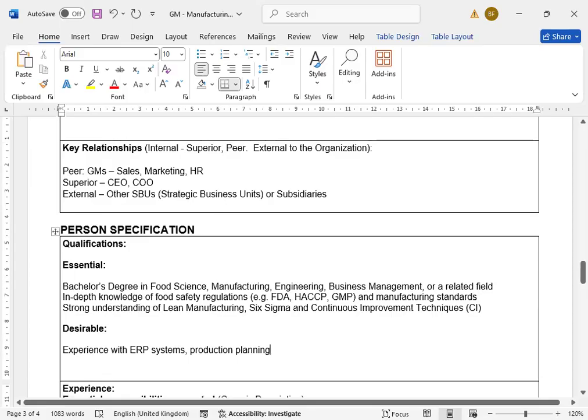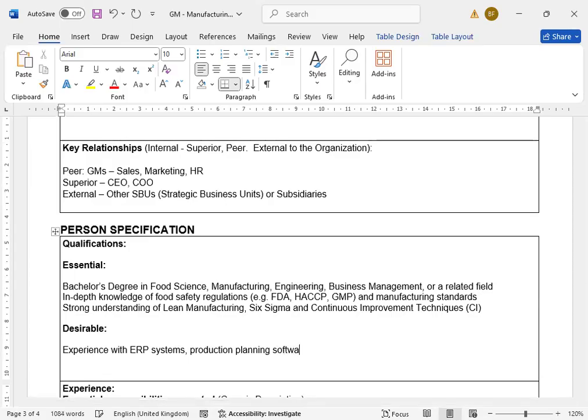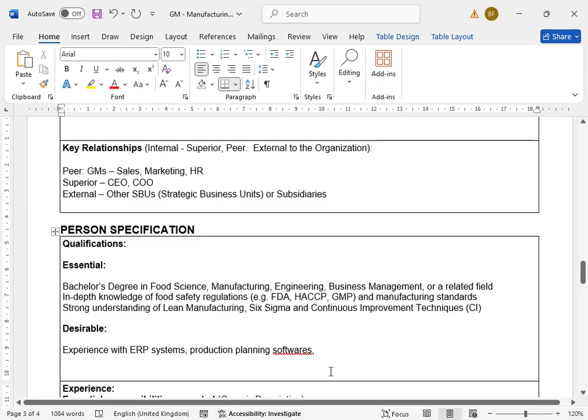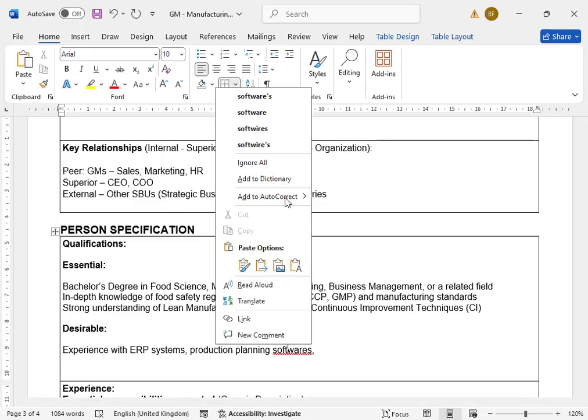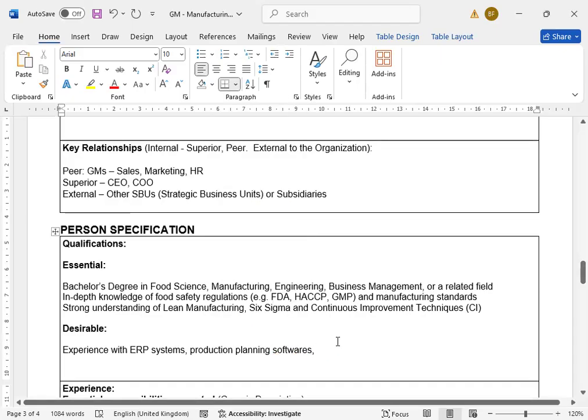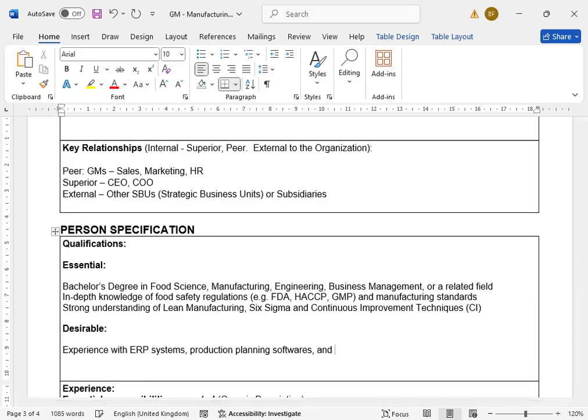Also software, or softwares. Why is it not accepted? Add to dictionary. And performance analytics.